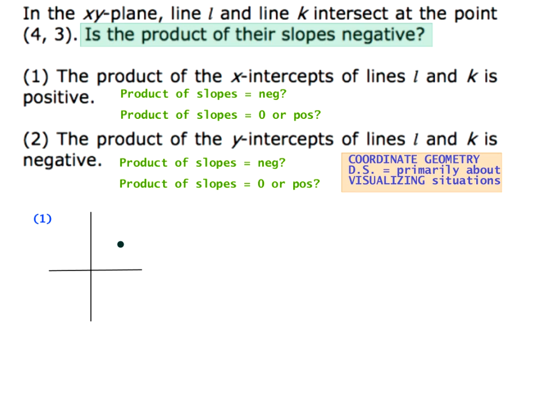You could have one of the slopes be 0. I mean, you could have a flat line intersect a line that's not flat. There's no reason why you couldn't have that. In fact, in statement 2, you could have that. I mean, we'll talk about it.